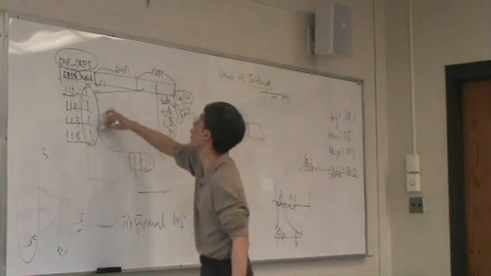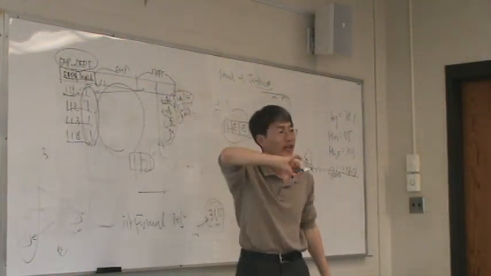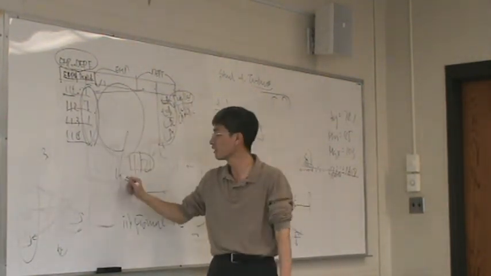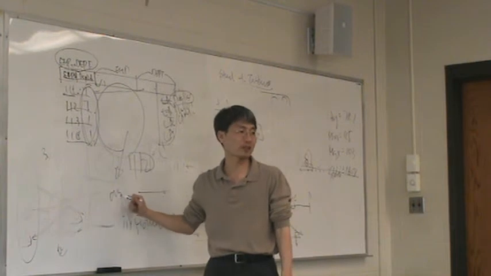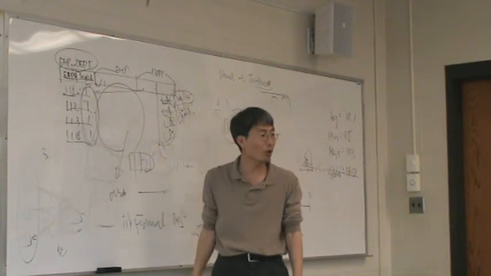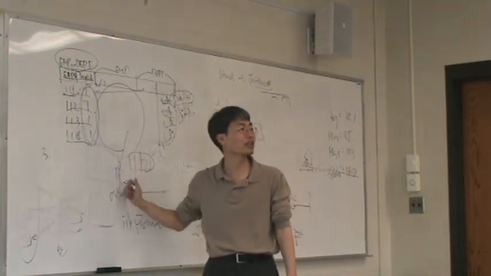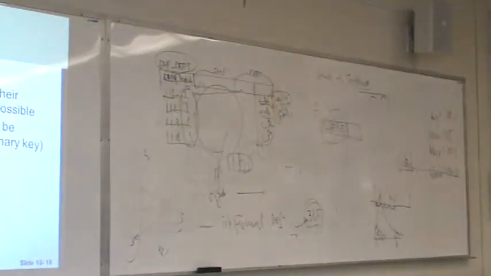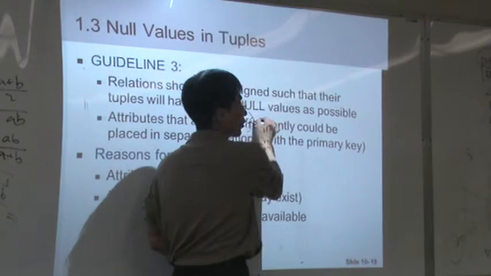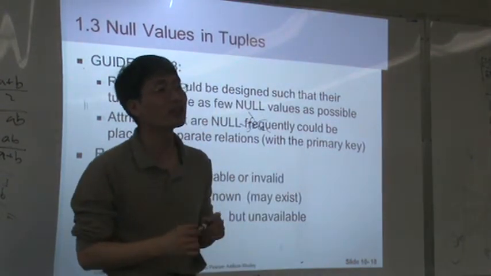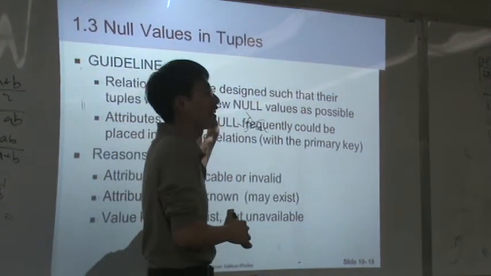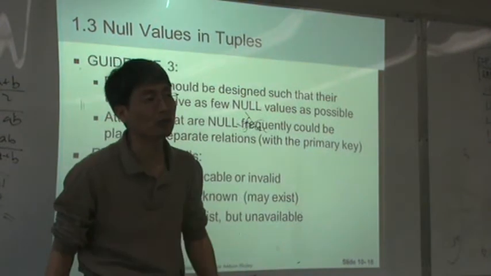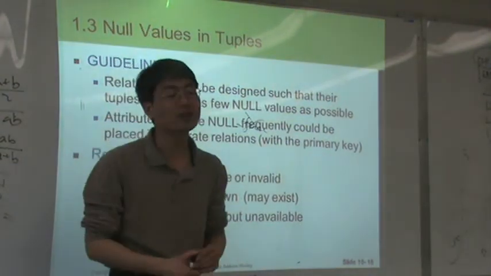If you have a bunch of nulls in your database design, that means waste of space. Also, it's a performance degradation. So in your database design, a null-free database is not actually possible. It's an ideal case. So as few nulls as possible. So that is the third guideline.